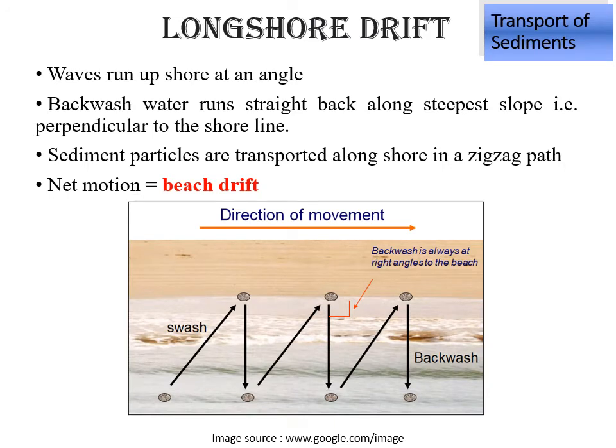The first type is the longshore current, and the second one is rip current. In longshore current or longshore drift, what happens is that in most of the coastal areas of the world, the swash, that is the incoming wave coming to the land areas, hits the land area at an angle.